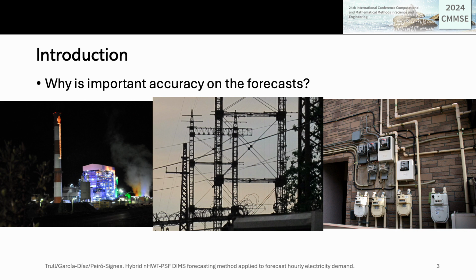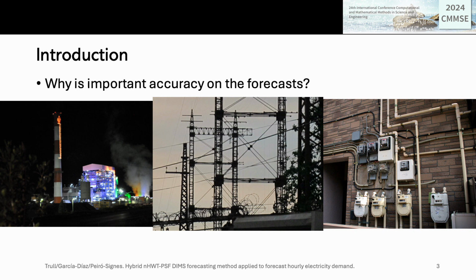But this is not only important in terms of service, but also to settle the price. Assumptions of the TSO will be used to bid the selling and buying prices of the energy. But remember, energy cannot be stored easily in big quantities.